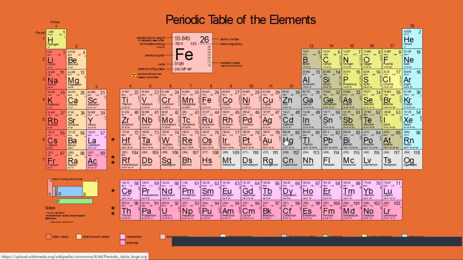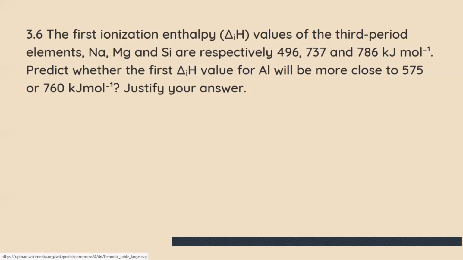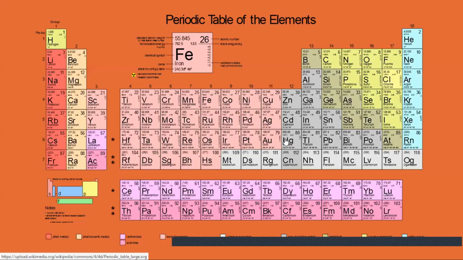Here we've been given the ionization enthalpy values of 3 elements, that is sodium, magnesium, and silicon, and they have values of 496, 737, and 786 for silicon. We need to figure out the value of aluminium. Will it be closer to 575 or 760?